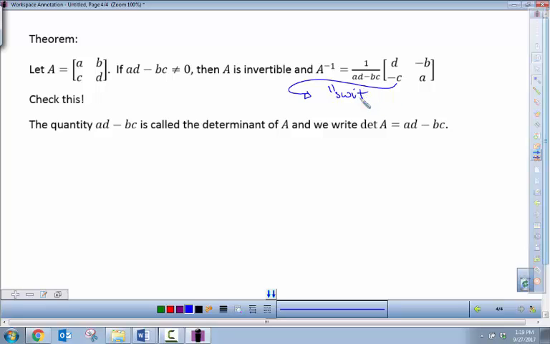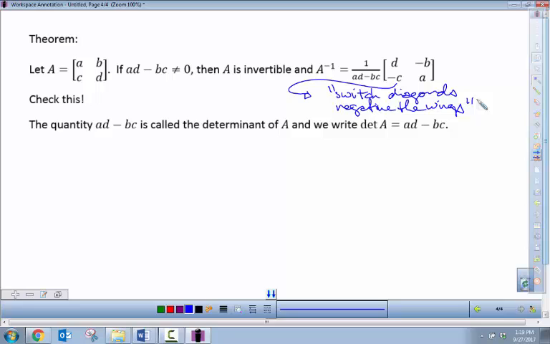Switch. So I always remember that by saying switch diagonals, negative the wings. It's something that I eventually memorized over time.